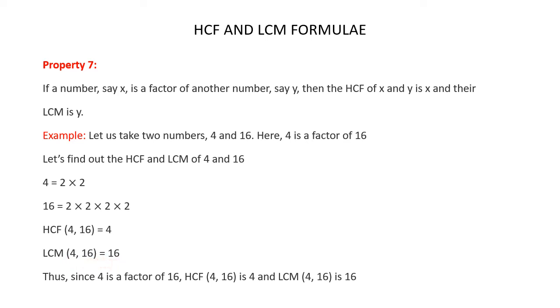Thus, among the two numbers 4 and 16, since 4 is a factor of 16, the HCF of 4 and 16 is 4 and LCM of 4 and 16 is 16.